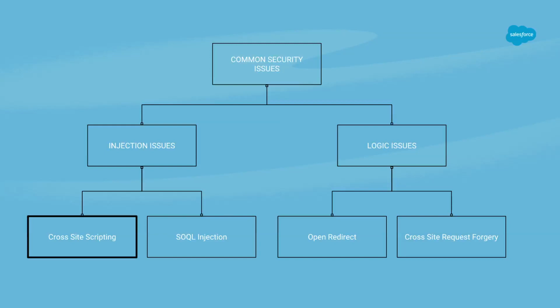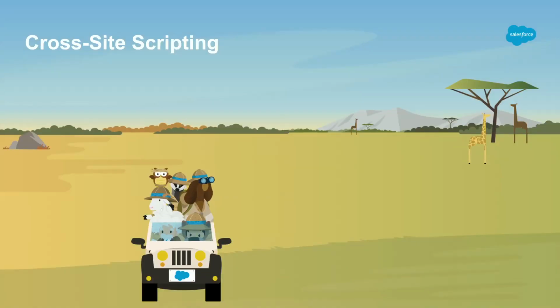On the other side of the spectrum, we're going to be talking about logical issues. This is functionality that you would build into your application that somehow ends up being abused because we didn't foresee it being used in the way that someone is using it. In particular, we're going to go through open redirections, and we're going to talk a little bit about cross-site request forgery. With that, we'll jump right in, and Prashant is going to kick us off.